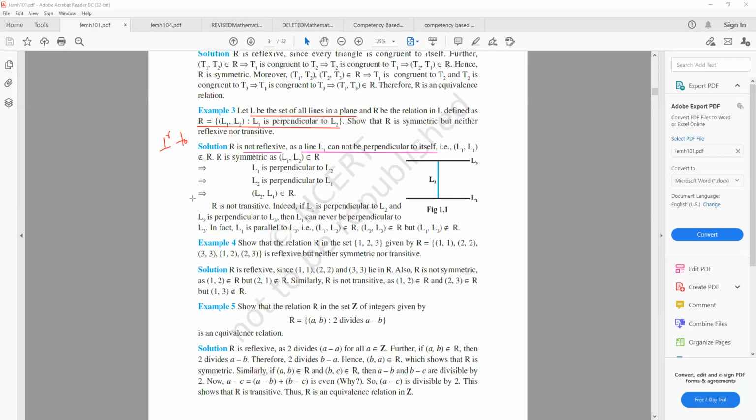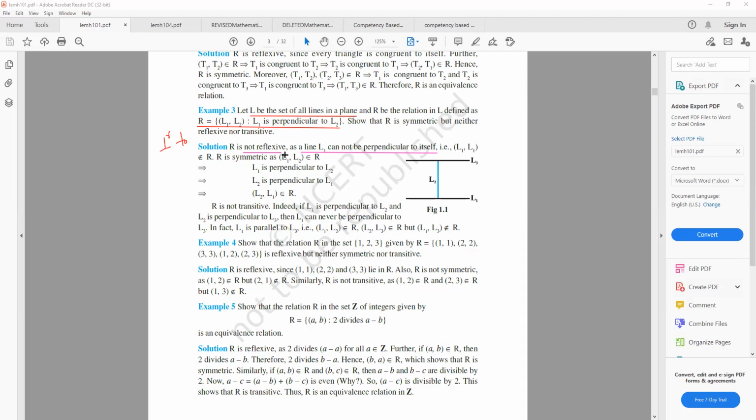The relation is not reflexive because reflexive है तो every element should relate to that element itself. So our relation here is perpendicular to. So if reflexive होना है तो every line should be perpendicular to that line itself, but it won't happen because a line cannot be perpendicular to itself.